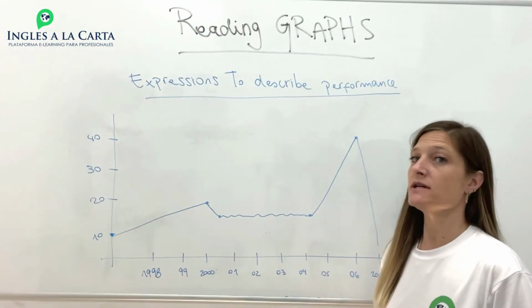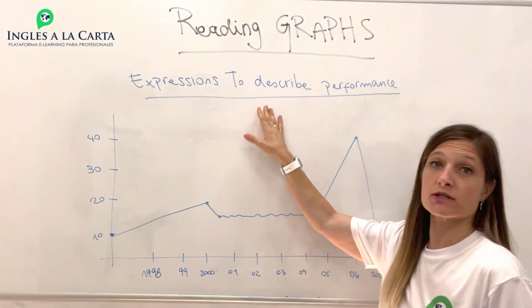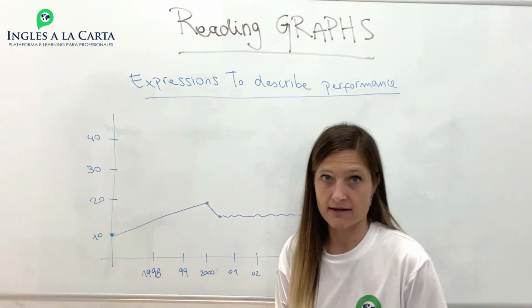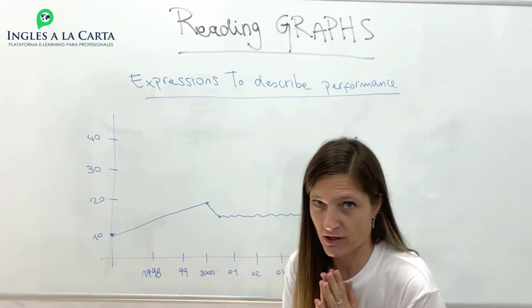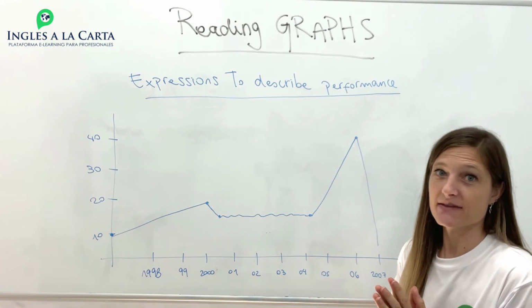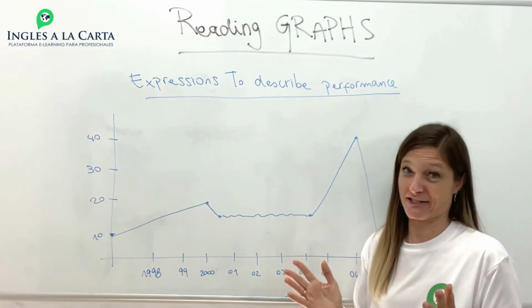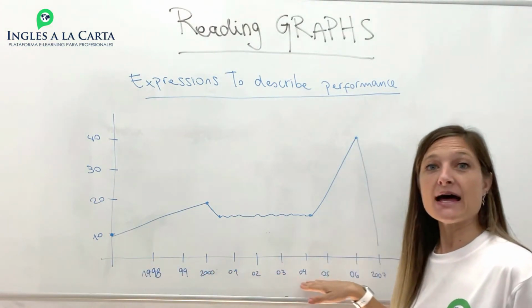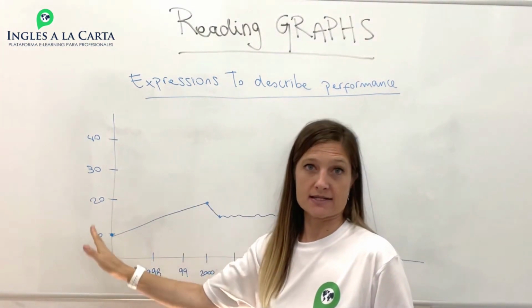Now we are going to see some expressions to describe the performance of a graph we need to explain. First of all, my apologies because I am very bad at drawing, as you can see, so I hope you understand. Well, in this graph we have the year and the share price.